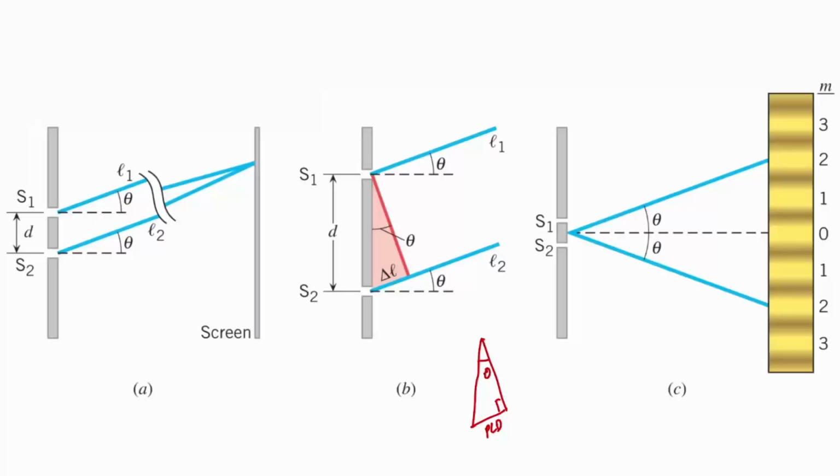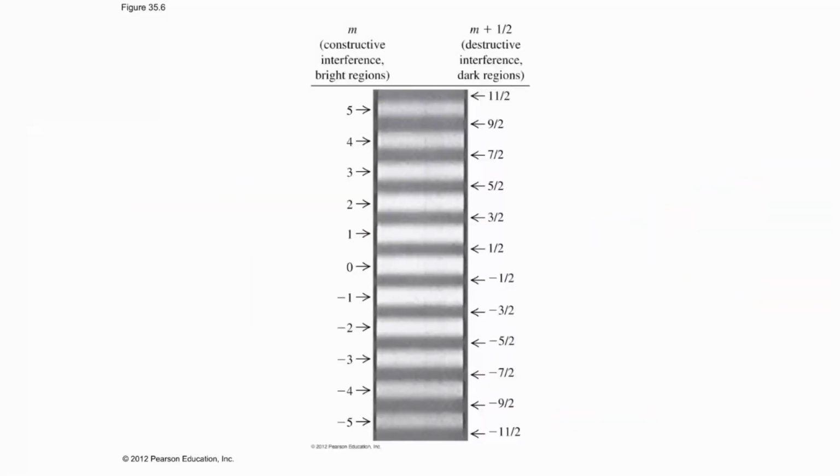We actually happen to know this angle, just accept it. The hypotenuse is d. So what is the path length difference if you know the angle theta and you know the hypotenuse d? It's sine, isn't it? The path length difference is equal to d sine theta. D, the separation between the slits. Sine theta, because we're along for the ride with the angle. That's the extra distance that the second wave travels.